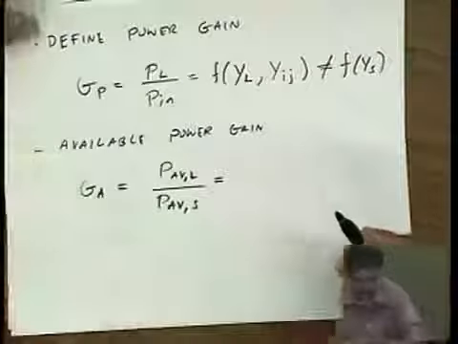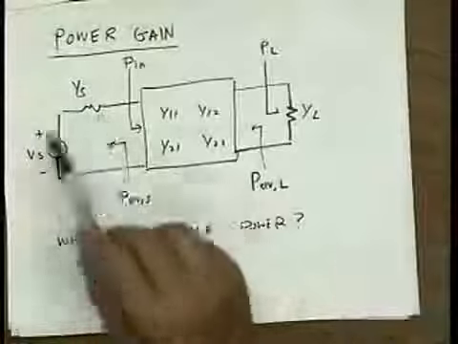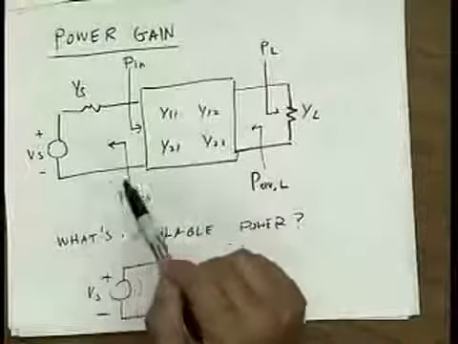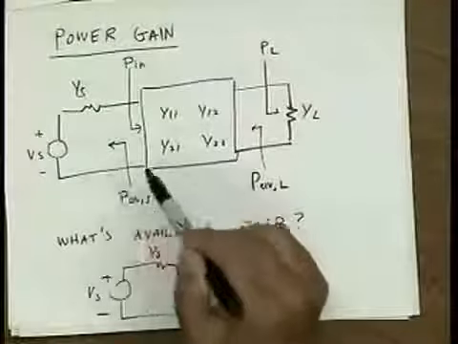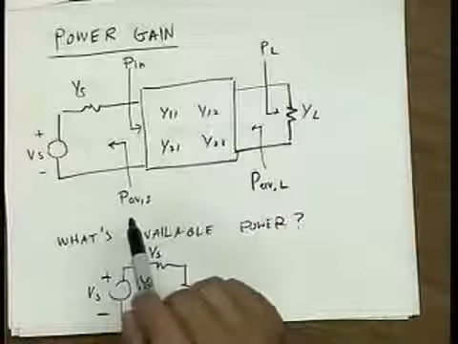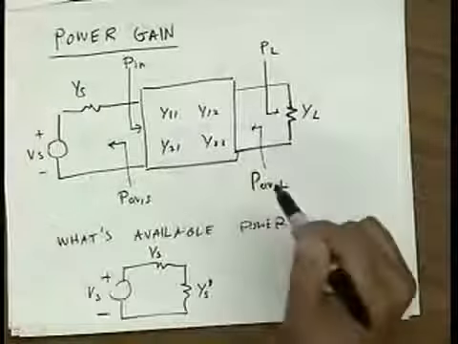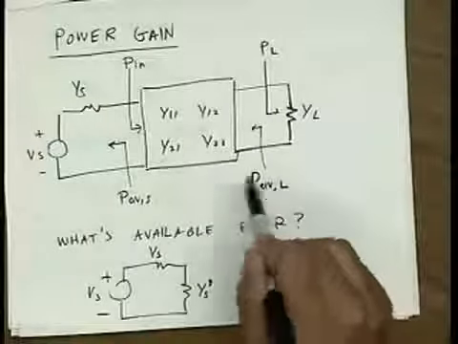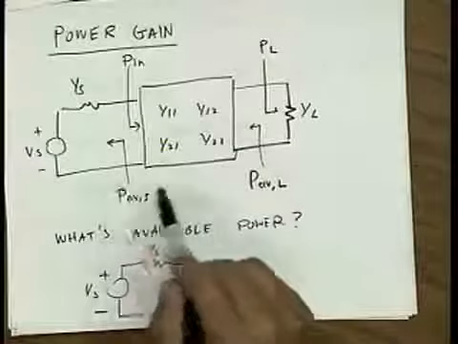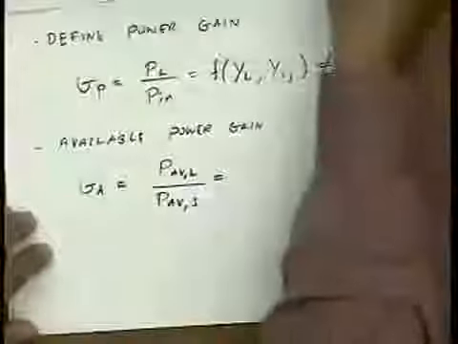So it's something like saying, okay, I have a certain source with a certain source admittance, and that has a certain available power. I know the most power I can extract from it is this. Now I put in a 2-port. How does that 2-port change things? Does it make the available power larger? How much larger? So this is a comparison of how much power I can extract from my 2-port optimally versus how much power I can extract from my source. We call that the available power gain.